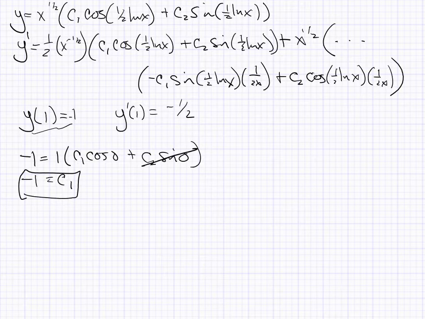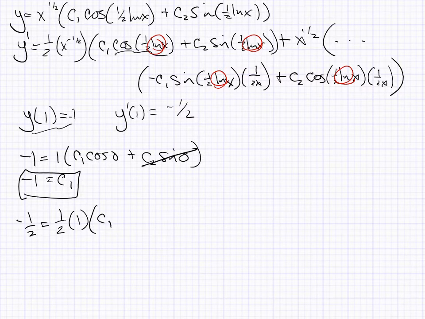Now if we use y prime of 1 equals -1/2, y prime is -1/2 and x is going to be 1, so we're going to get 1/2 times 1 to the -1/2, which is 1, times, again, log of 1 is 0, right? So this is 0, this is 0, this is 0, this is 0. And so we're going to end up with C1 cosine of 0, which is 1, plus C2 sine of 0, which is 0.